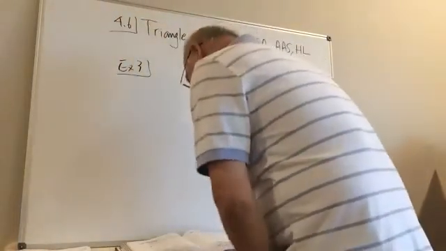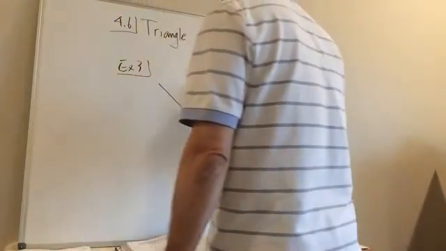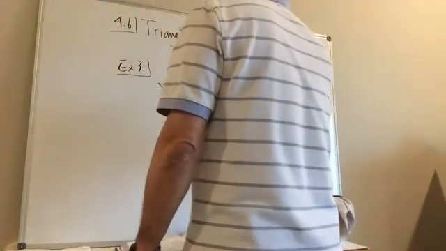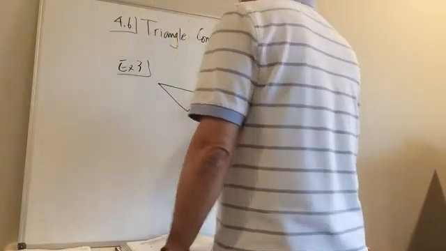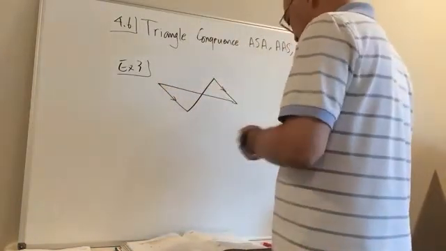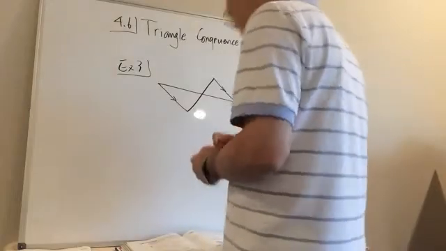and do example number 3. We have a situation where we have two parallel lines here. So this line and this line are parallel, which means that what?